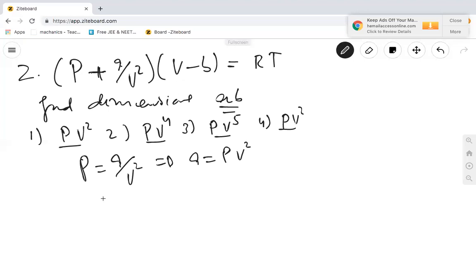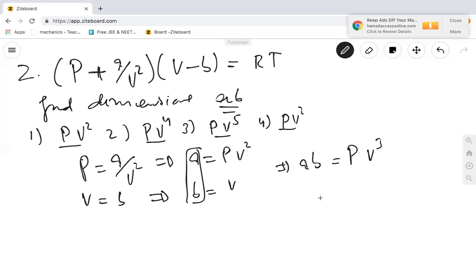So B is equal to V. Now multiply A and B, what will it be? PV3. Which option was this? The first option was PV3, sorry. It was option 3. This is the answer. Is that right?